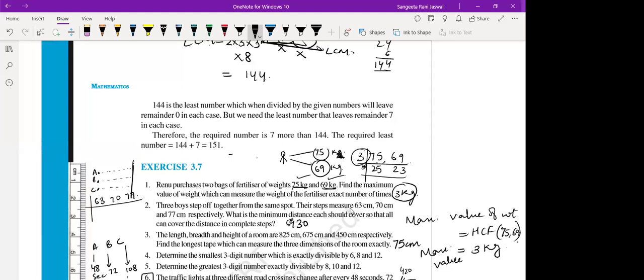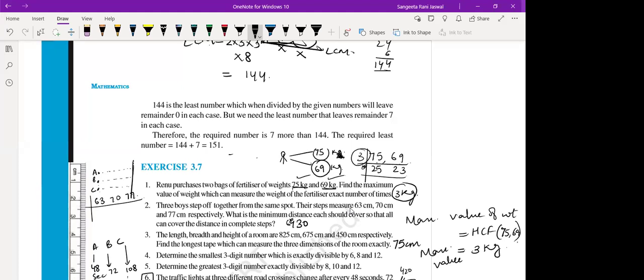Now see, the next question: 3 boys step off together from the same spot. Now the 3 boys started from the same spot. Their steps measure 63 centimeters, 70 centimeters and 77 centimeters. What is the minimum distance each should cover so that all can cover the distance in complete steps?